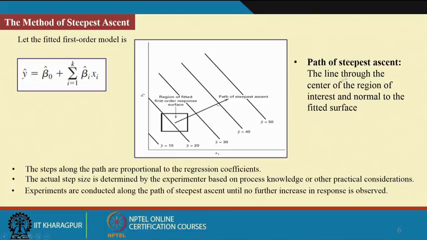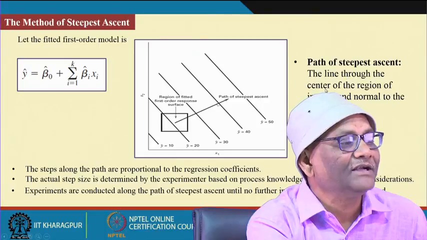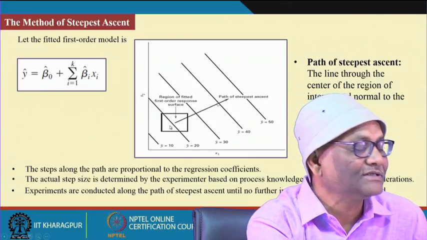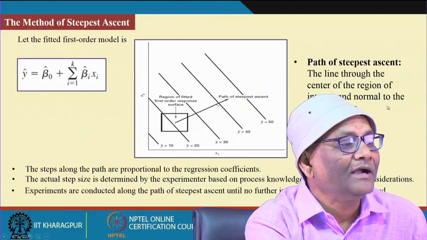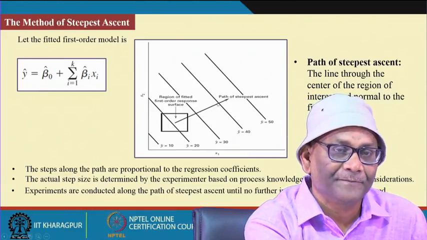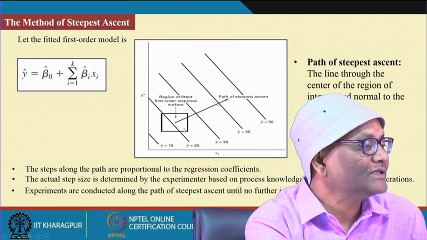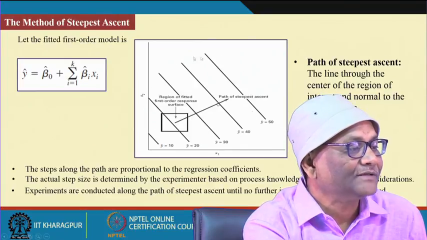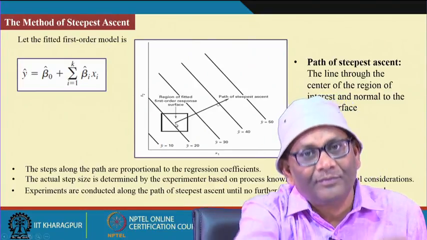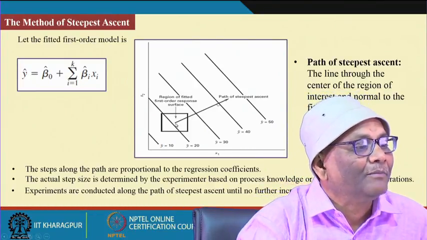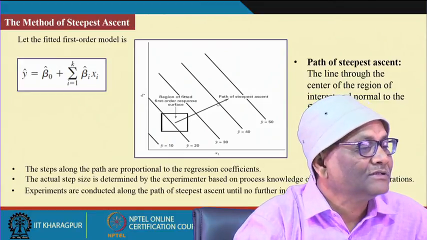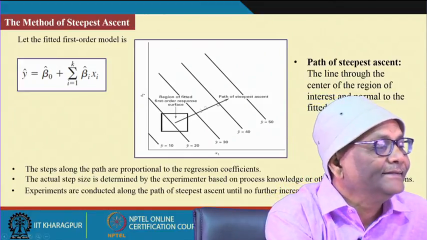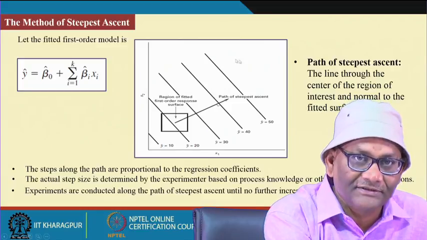So what is the path of steepest ascent? The line through the center of the region of interest and normal to the fitted surface. Here you started working, here is the center and you have the surface. From here you take the normal path, normal to this surface, and this is the direction.